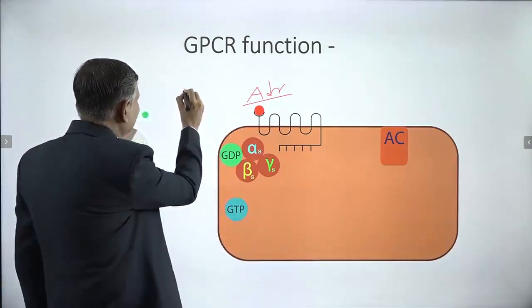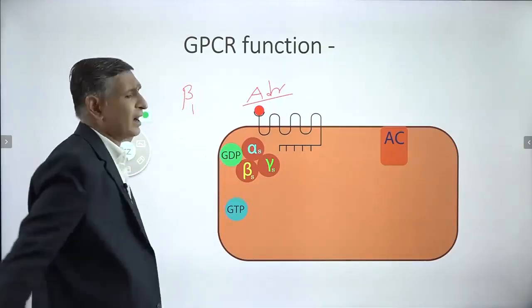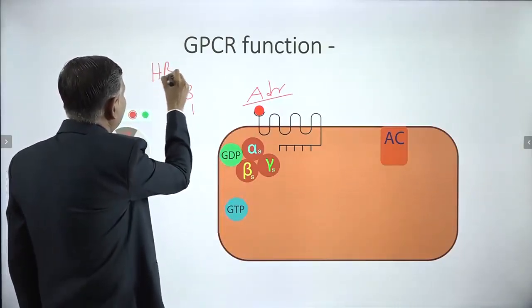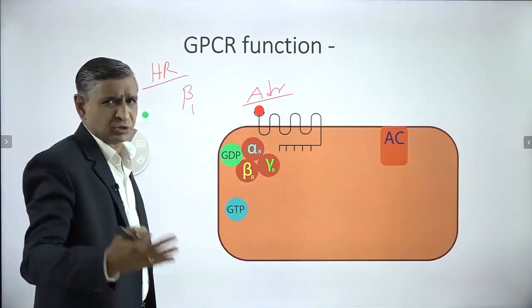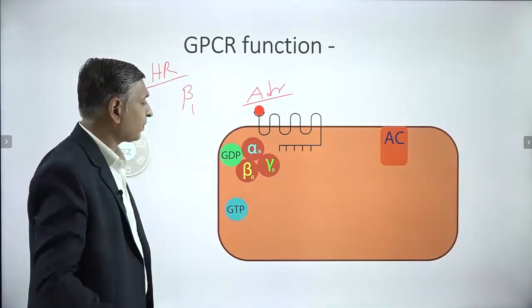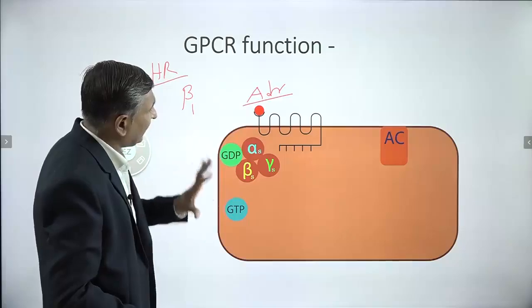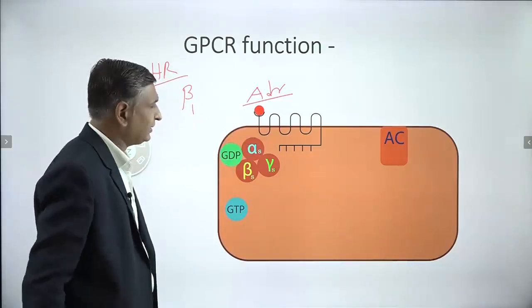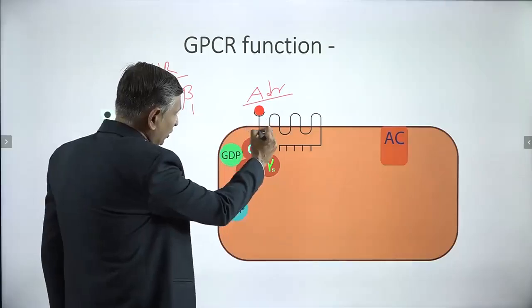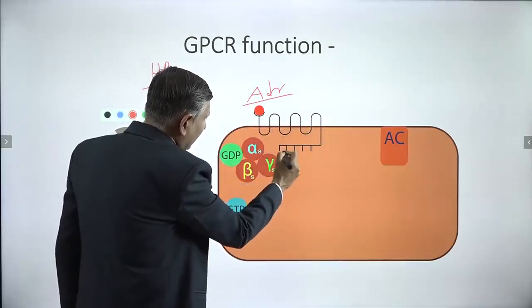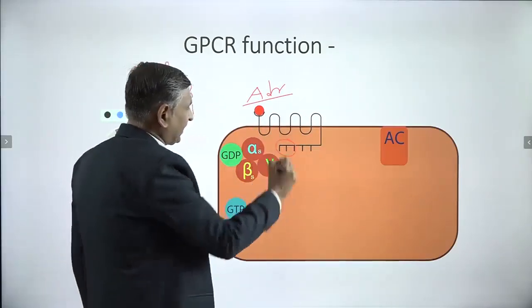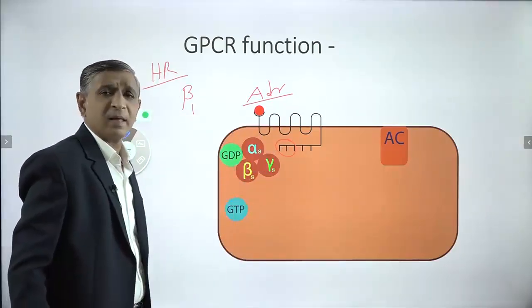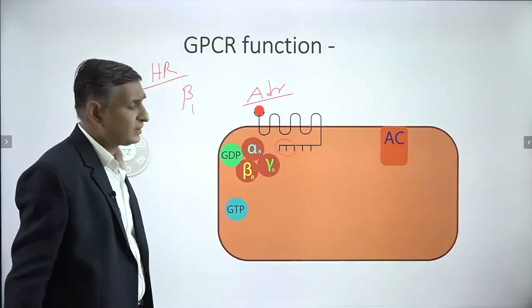I am taking the example of beta 1 adrenergic receptor, which are mainly concerned with the heart rate, and other activities are also there that I am going to talk to you. Now, when adrenaline like molecule is going to stimulate this receptor on one end, it is going to stimulate the receptor throughout its length, and ultimately the effector region of the receptor will get activated.